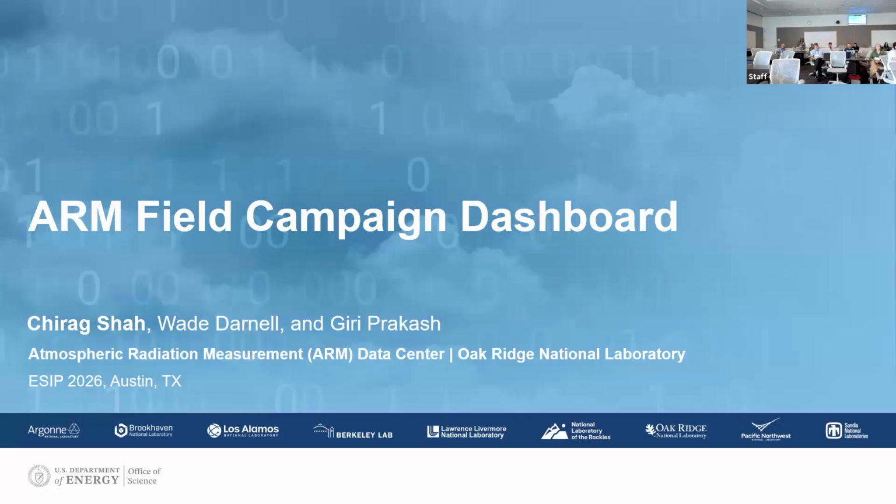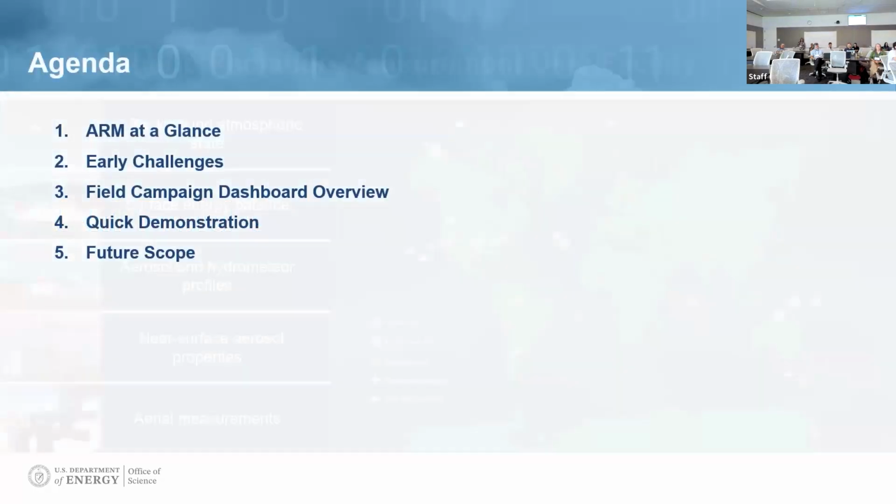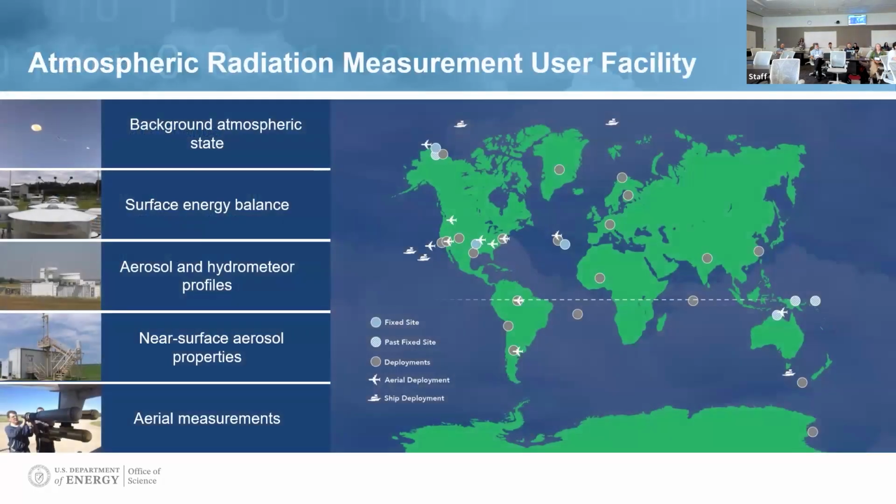And just a little bit about ARM. What I'm going to share is what ARM does overall and what ARM as a user facility means. So ARM is Atmospheric Radiation Measurement, and it's one of the big science national user facilities operated by the Department of Energy.